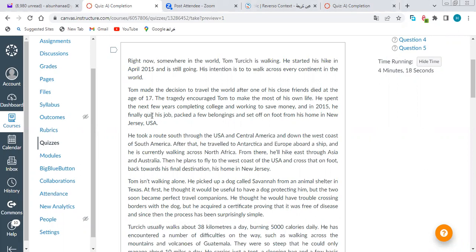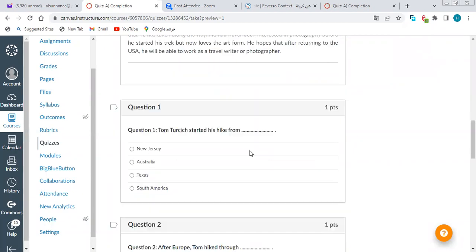Quit his job, I mean resigned, packed few belongings, I mean prepared few belongings, and set off. Set off, I mean started a journey on foot from his home in New Jersey. So here I mean that he started his trip from New Jersey. That's why the correct answer is New Jersey.